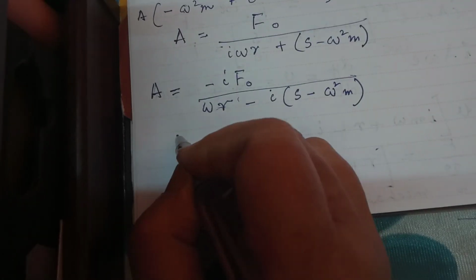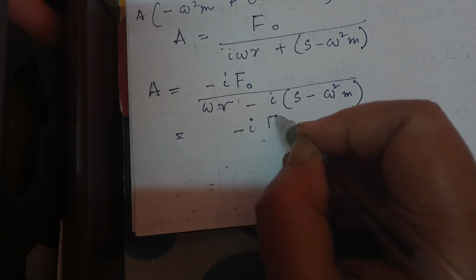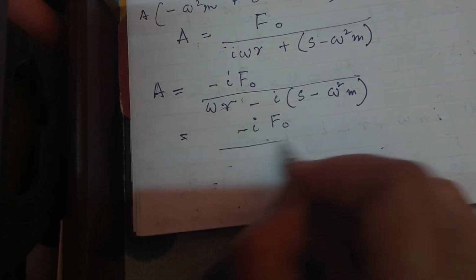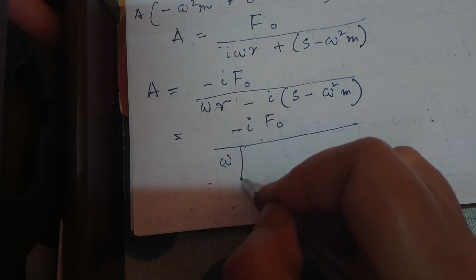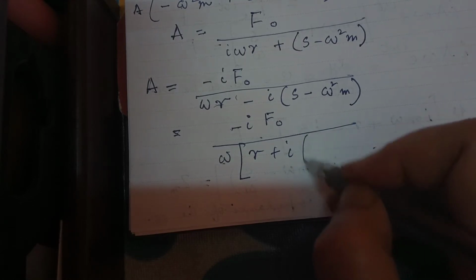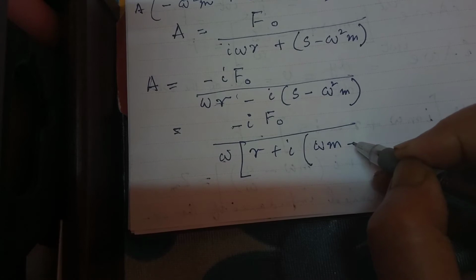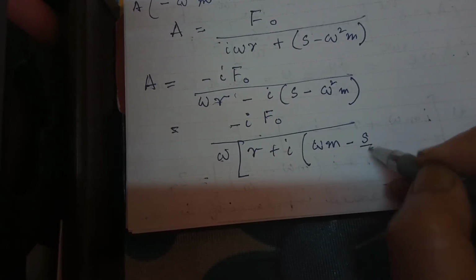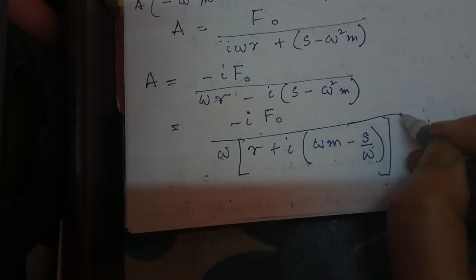You can write finally this as minus I f naught, if you take omega as common, what you get is r plus I s by omega. This is very important. Ultimately, you have to bring the expression to this point, and which is very easy. And this is how you follow your steps.